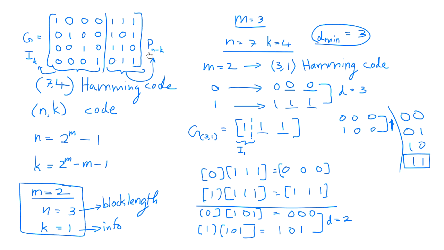You cannot have a row which is 0 0 0, or for example, in this case, a row which is 0 0. You cannot have any row containing all zeros in the parity matrix, which we call the P matrix. All zeros is not allowed.